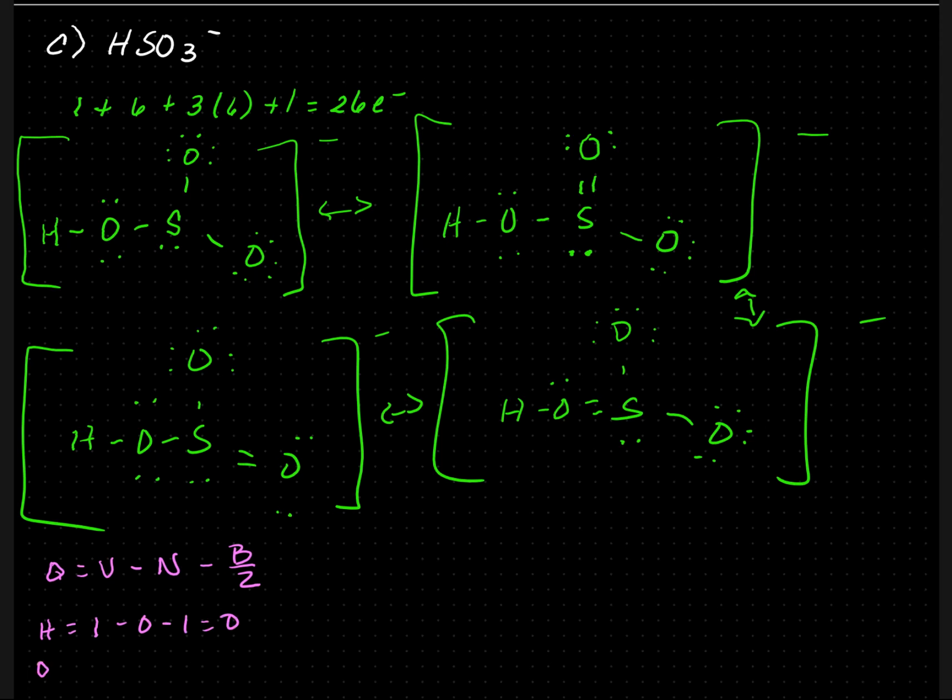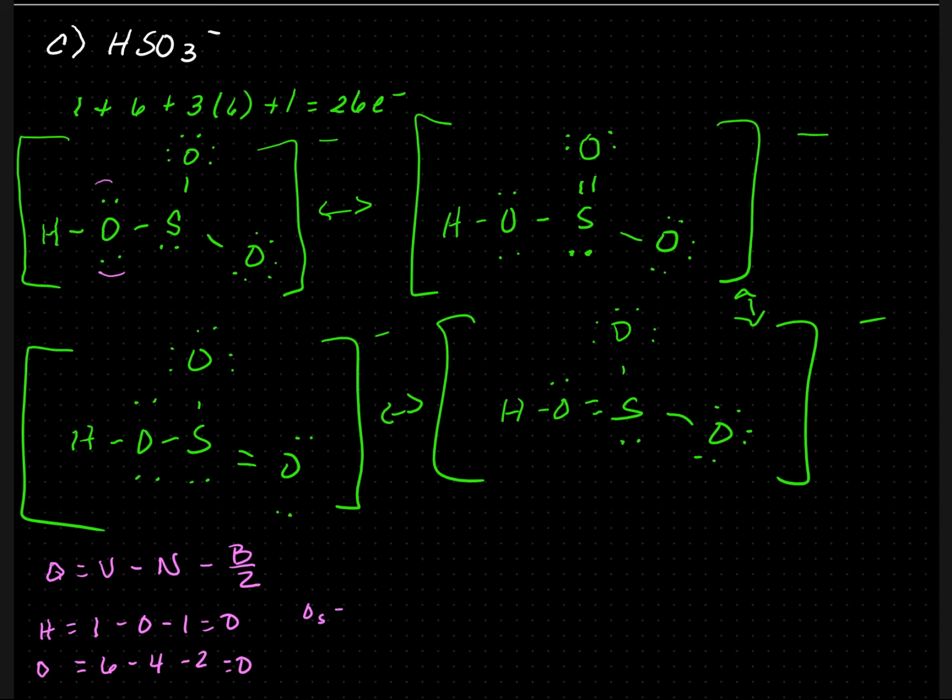This is the oxygen next to the hydrogen, which has 6 valence minus 4 lone electrons. We have 2 here and 2 here, minus 2 bonds, or 4 electrons from the bonds divided by 2, which is 2. This is 0.